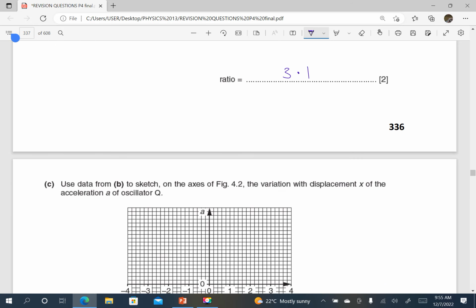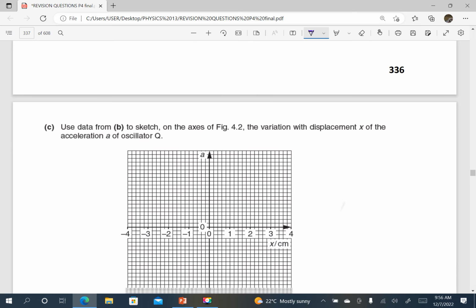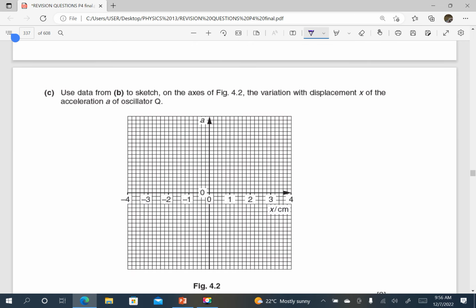Use data from the figure. Use data from B to sketch on the axis the variation with the displacement x of the acceleration. So we know that acceleration is equal to negative omega squared x. So acceleration is directly proportional to x. That is a straight line.